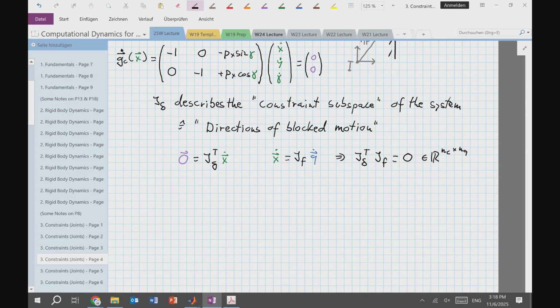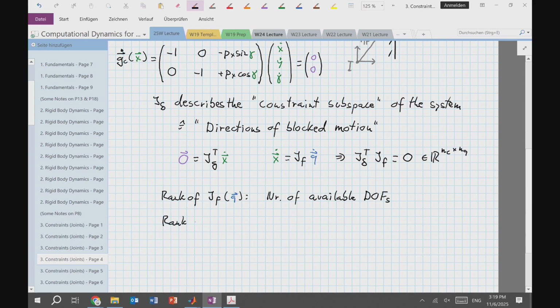The rank of JF, that is the number of available degrees of freedom. So the number of independent columns, that is the number of available degrees of freedom.